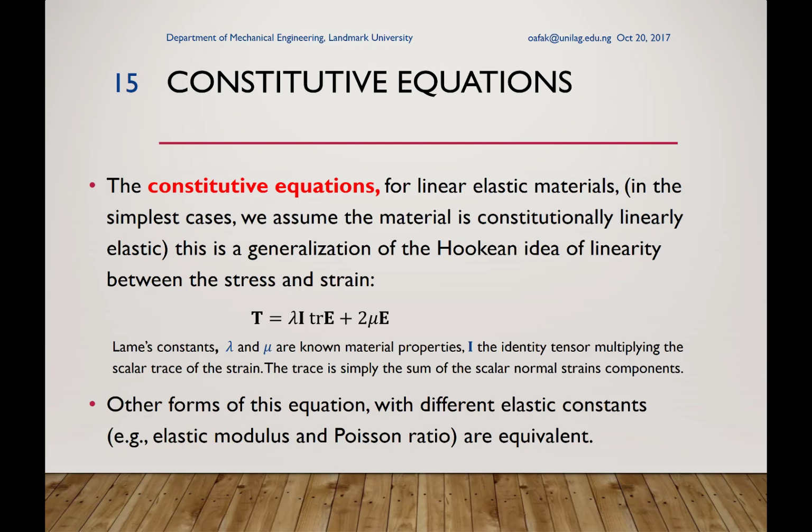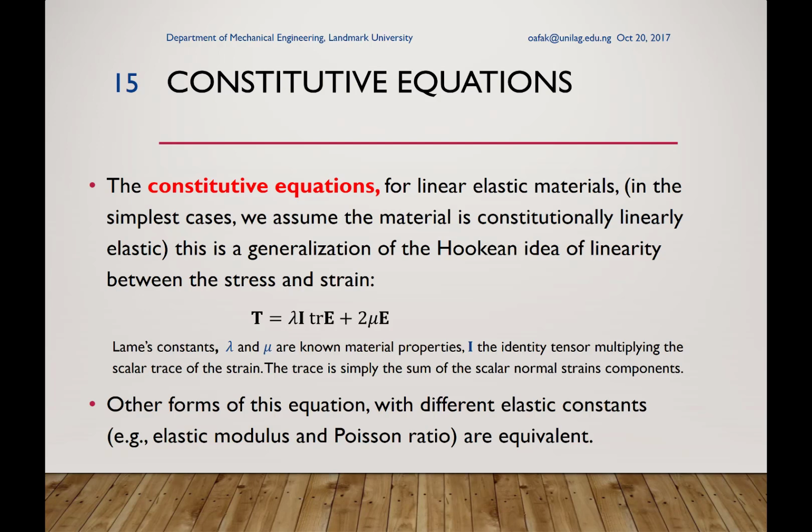The last equation of interest to us here are the constitutive equations. As we said earlier, it is a generalization of the Hooke's law. And here, we state it in one of the many ways of stating it, which states that the stress tensor is equal to lambda multiplied by the identity tensor, the trace of E, plus 2 mu multiplied by the strain tensor.